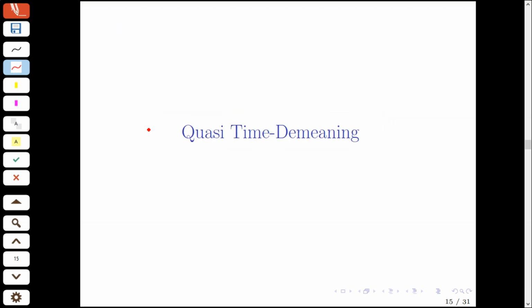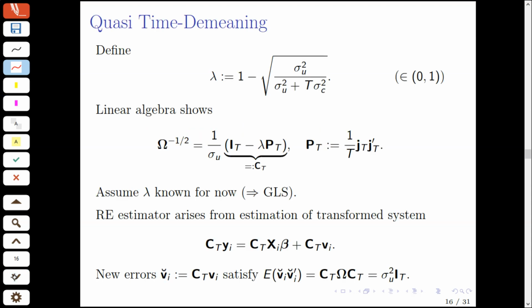Next, we'll see that the random effects estimator amounts to something that isn't fully time demeaning, but it resembles time demeaning. For this purpose, let's introduce an additional piece of notation. Let lambda be the following constant. It is 1 minus the square root of a ratio, which is given by the idiosyncratic error variance relative to itself plus T times the individual effect variance.